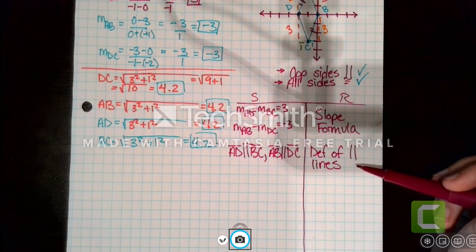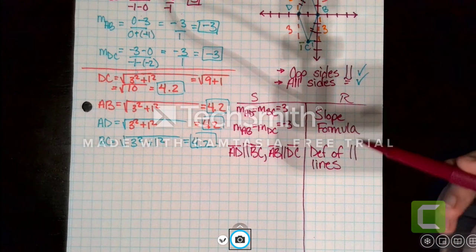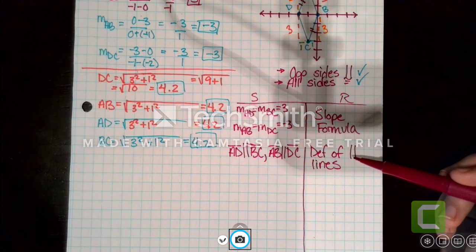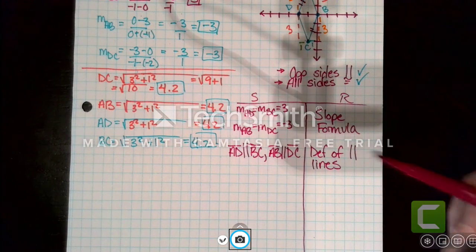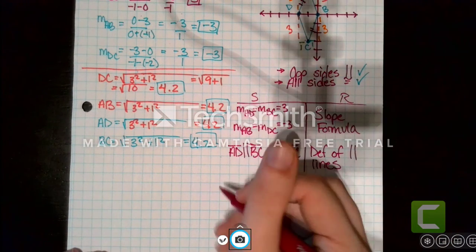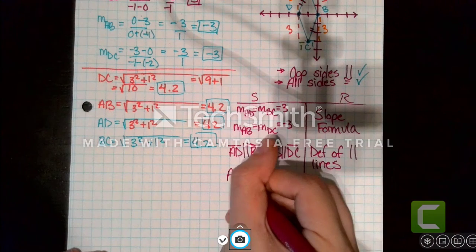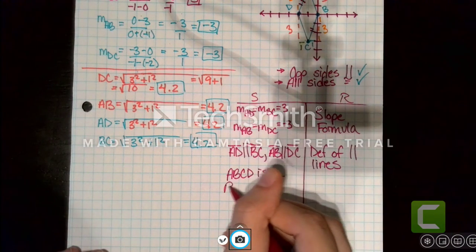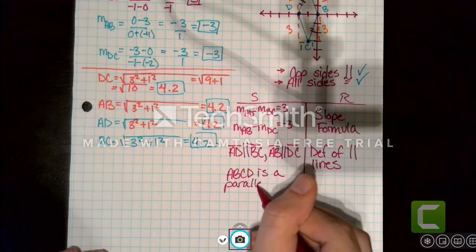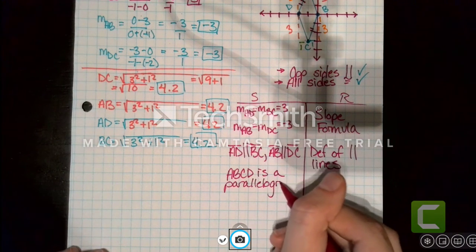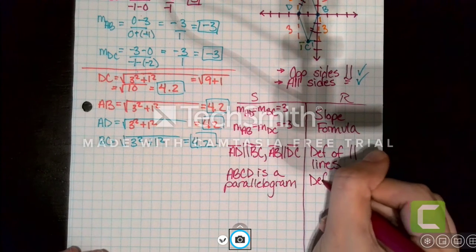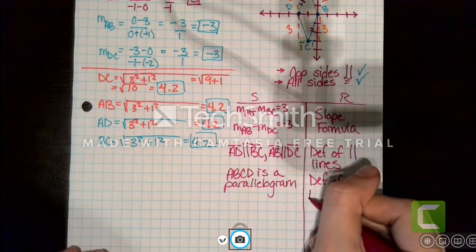Calling back to example 1, if we've just proven that we have opposite sides that are parallel, we can prove that our shape is a parallelogram. So your third statement here should be that ABCD is a parallelogram, by the definition of parallelogram.